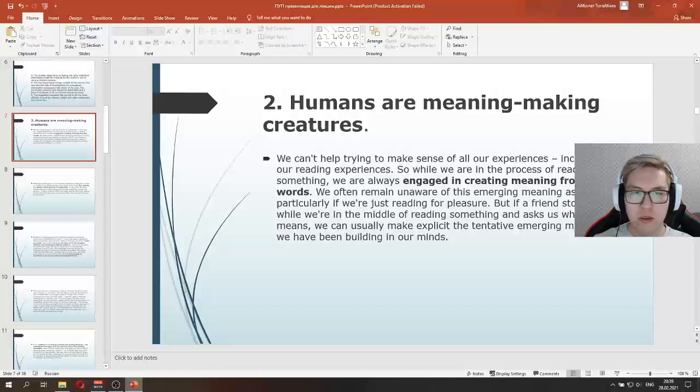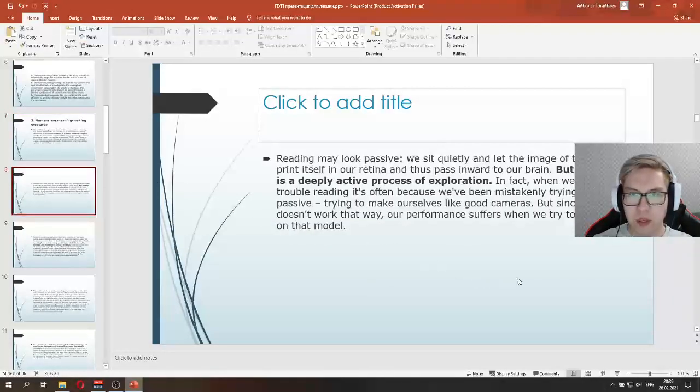We often remain unaware of this emerging meaning as we read, particularly if we are just reading for pleasure. But if a friend stops us while we are in the middle of reading something and asks us what it means, we can usually make explicit the tentative emerging meaning we have been building in our minds.